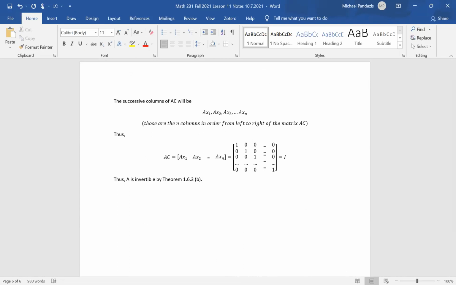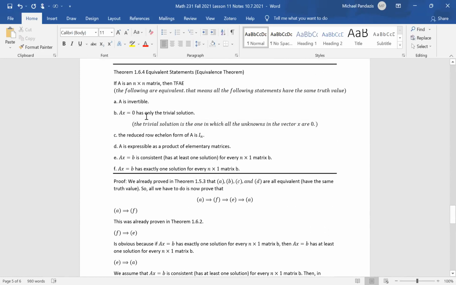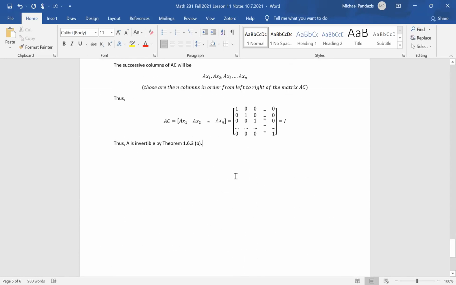And so that's what we want to show: E implies A, where A is the statement that A is invertible, and so we are done.